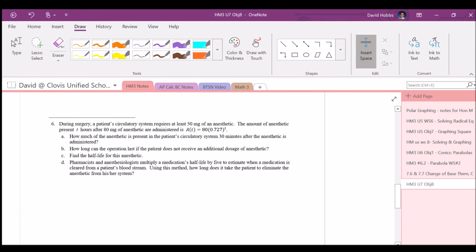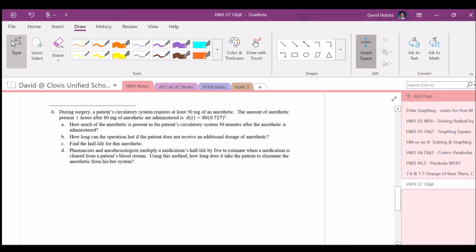Okay, finally, the last one here, number 6. I included the little line, and so below number 4, they're giving you the equation. We don't have to write the equation, we're just using the equation. If we take a look at the equation, A of t equals 80 times 0.727 to the t power, and t is actually in hours.